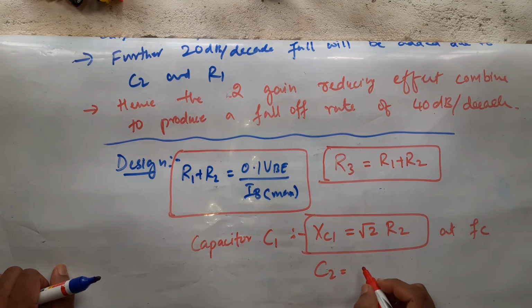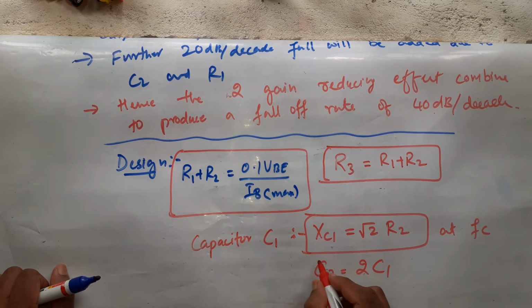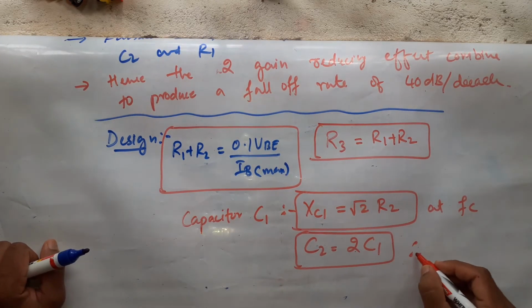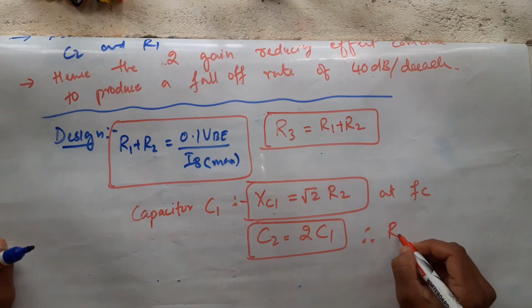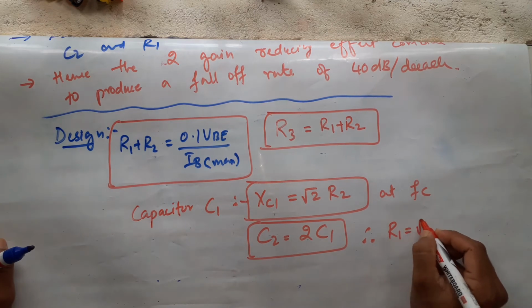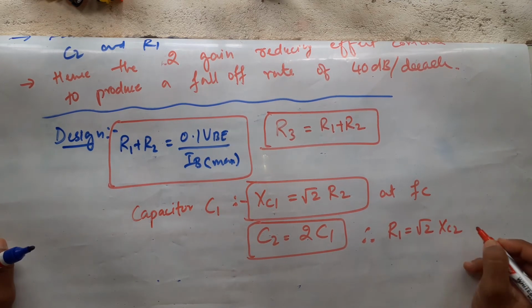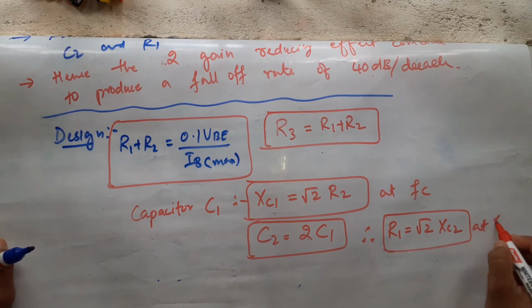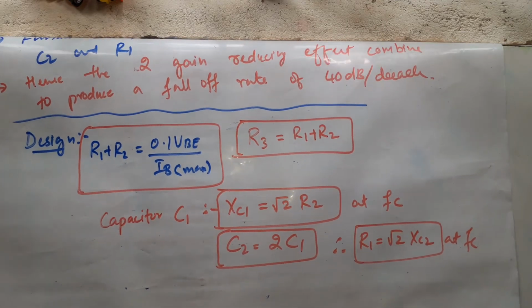C2 should be taken as twice of C1. Okay. Therefore, R1 equal to root 2 XC2 at FC.